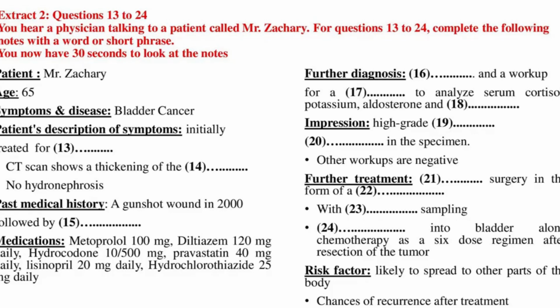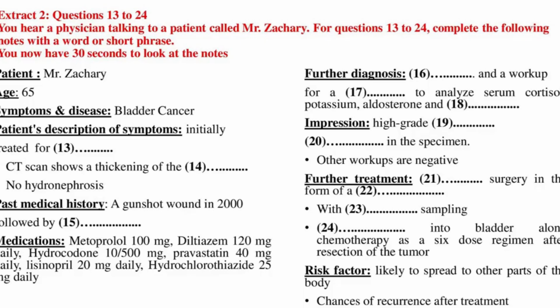Hello, doctor. Good morning. Hello, Mr. Zachary. How are you? Have you got the diagnosis reports? I'm okay, doctor. Here are all the diagnosis reports. The bladder biopsy confirms high-grade muscle-invasive transitional cell carcinoma with muscularis propria in the specimen, but the other workup seems to be totally negative.